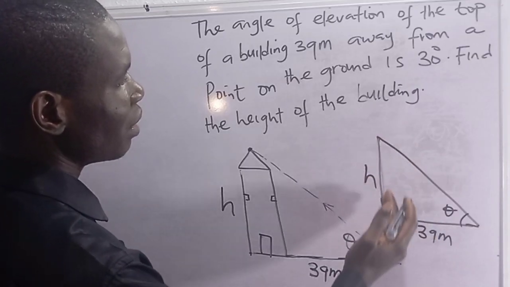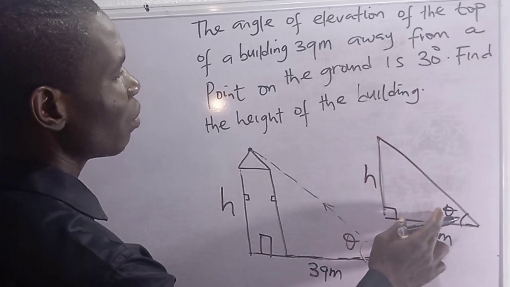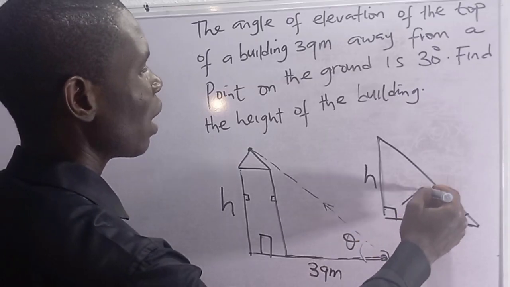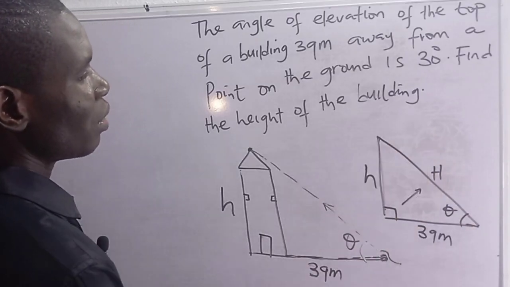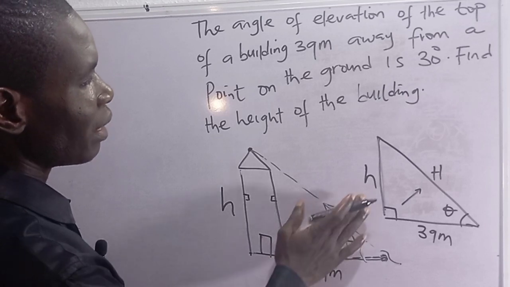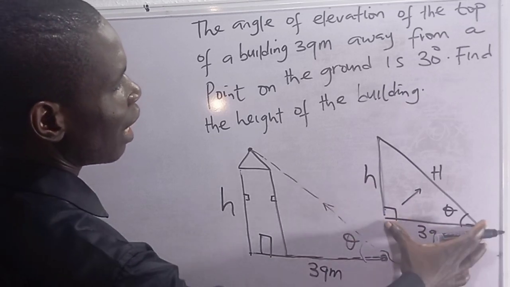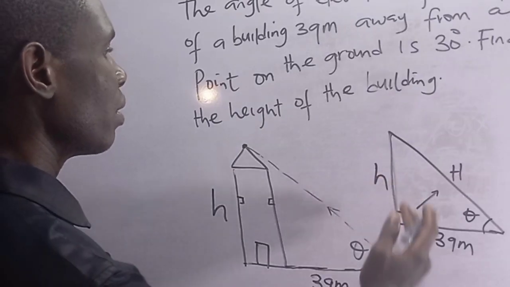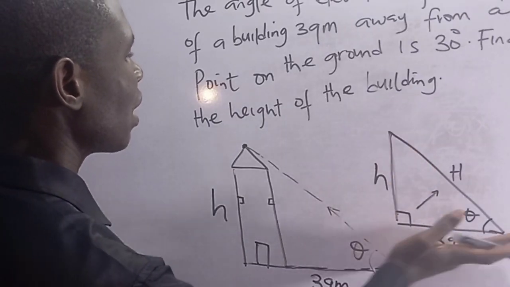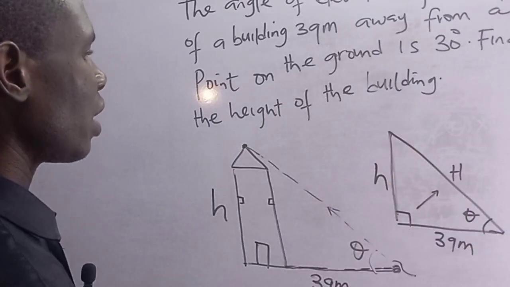The opposite is the side that is opposite to the angle under consideration, while the hypotenuse is the side that is opposite to the right angle. But here we are dealing with the opposite and the adjacent with respect to theta. The trigonometric ratio that relates the opposite and the adjacent is tangent.